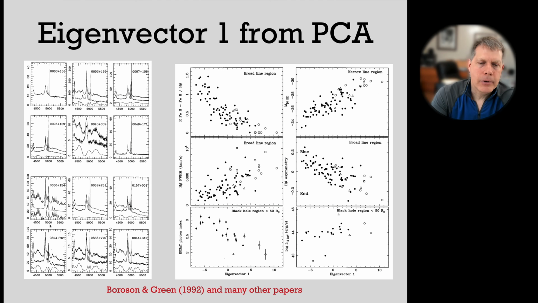So here is an example. This is from this very influential work by Boroson and Green, although I will emphasize there were many other papers investigating these issues. And here are examples of the spectra that they obtained in the H beta and O III region.